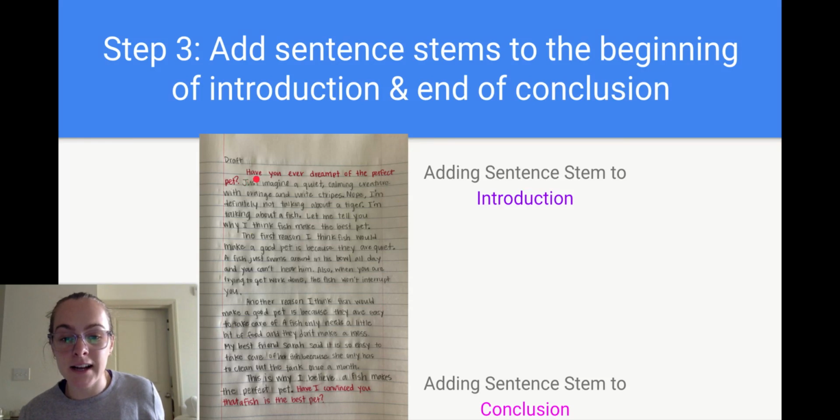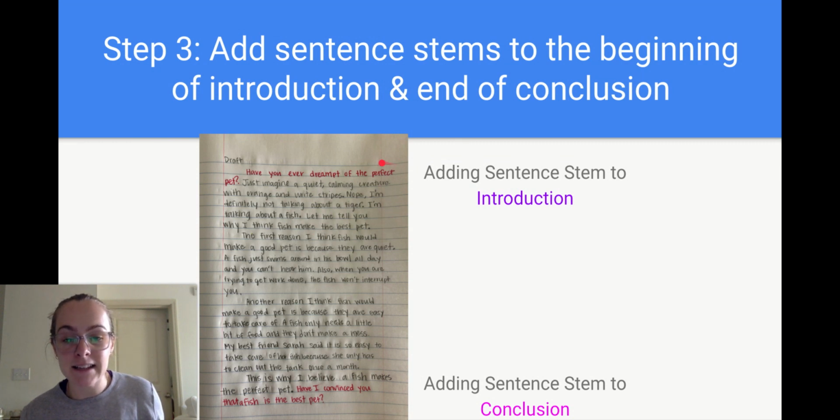So I wrote, have you ever dreamt of the perfect pet? Just imagine a quiet, calming creature with orange and white stripes. I'm definitely not talking about a tiger. I'm talking about a fish. Let me tell you why I think fish make the best pet.